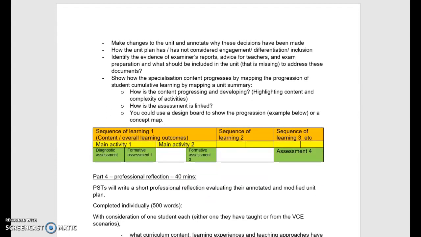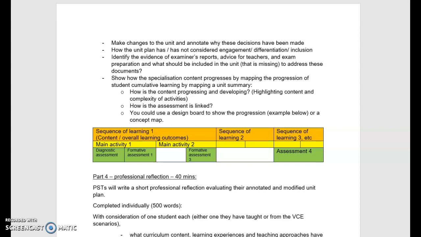You also need to make changes to the unit and annotate why these changes have been made. So you might see that there's no warm-up to the lesson, and you can put one in and say, well, this warm-up has been chosen for these reasons.